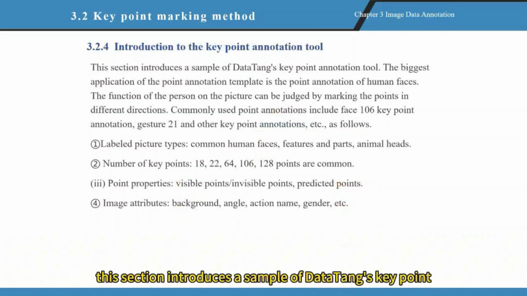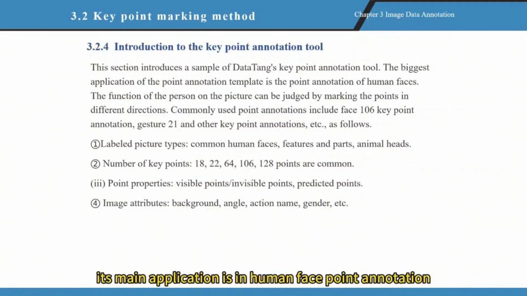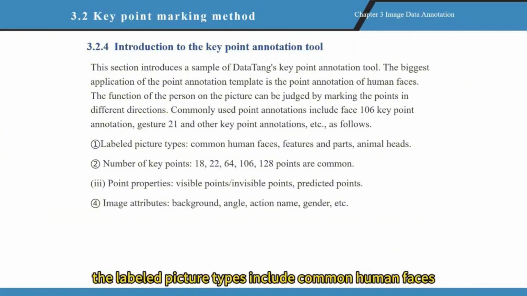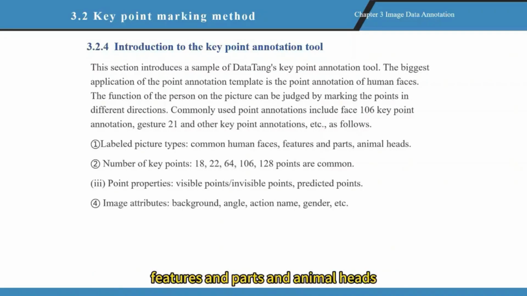This section introduces a sample of Datatang's key point annotation tool. Its main application is in human face point annotation. By marking points in different directions, we can judge the function of the person in the picture. Common point annotations include 106-point face annotation, 21-point gesture annotation, etc. The labeled picture types include common human faces, features, and parts, and animal heads.